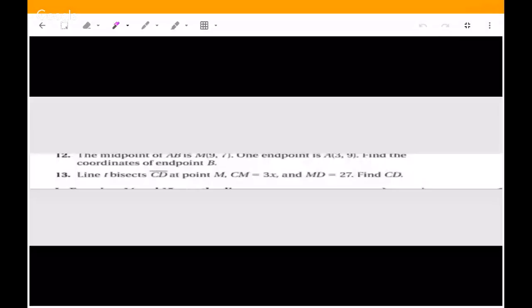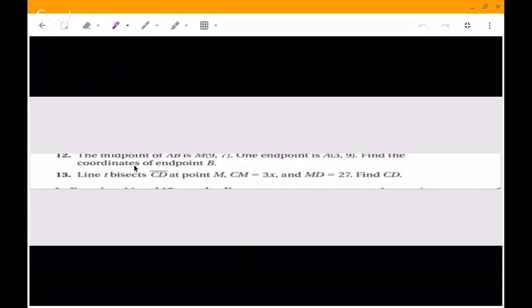Okay, can you see it now, Tessa? Yes, I can see it. Okay, it's kind of distorted, but it works.